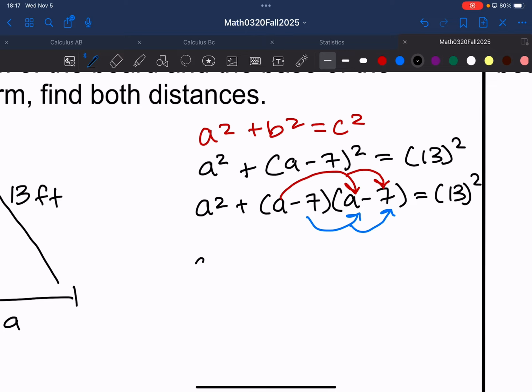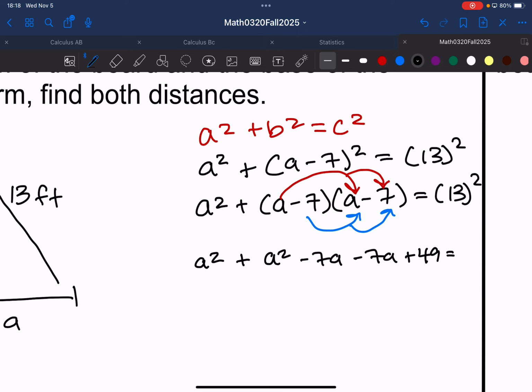So I'm going to bring down the A squared, bring down that plus, and then I have A times A, which is A squared, and then A times negative 7, negative 7A, and then I'm on the blue arrows now. Negative 7 times A, negative 7A, and negative 7 times negative 7, positive 49. That's where that negative and a negative gave us a positive.